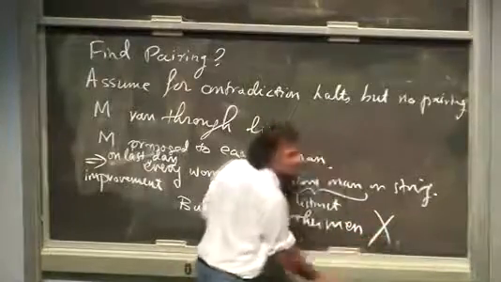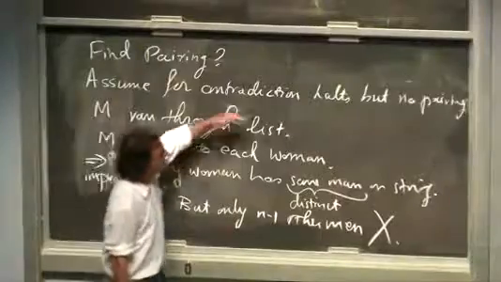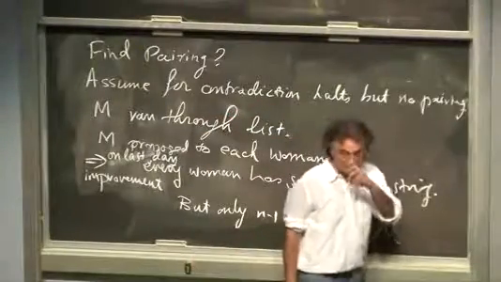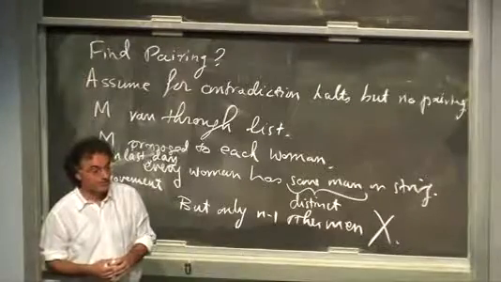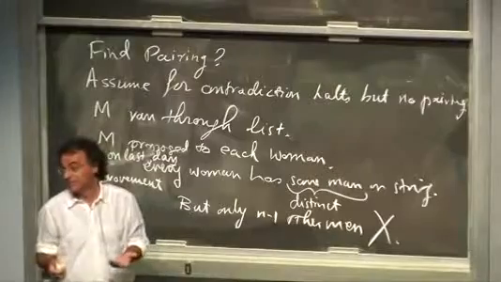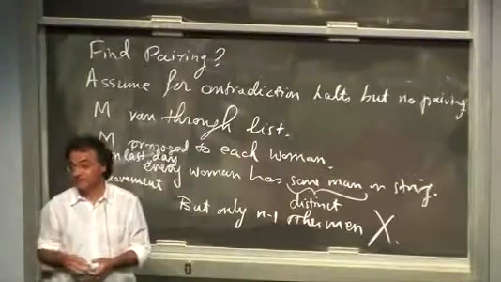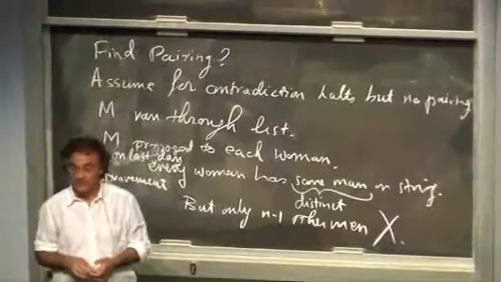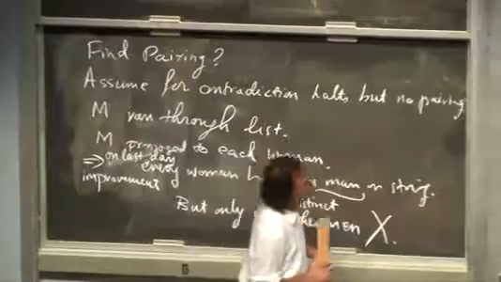So that's a contradiction. And so we know that we must halt with a pairing. Okay? But n women. So you can't have a pairing. You can't have a distinct man for each one without involving the last one.